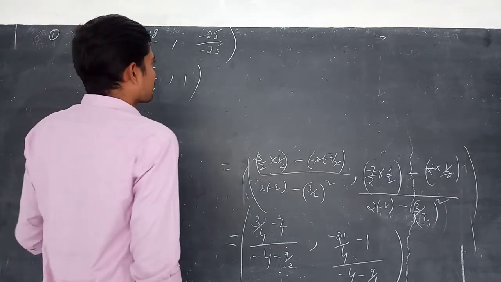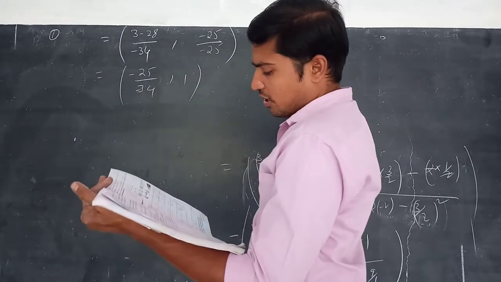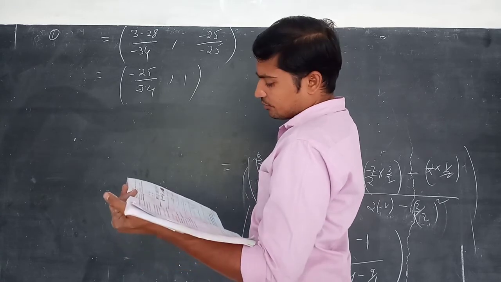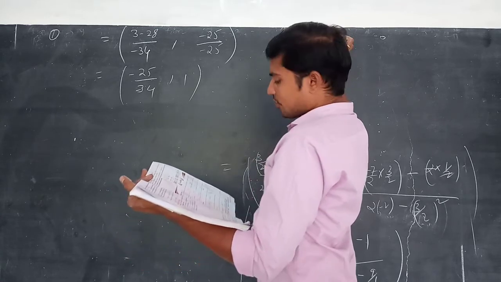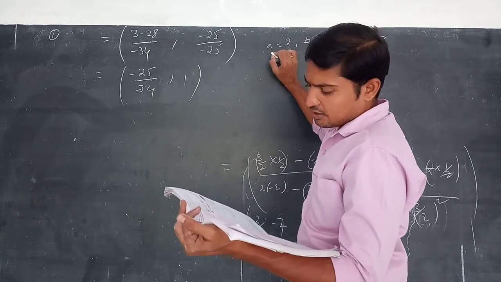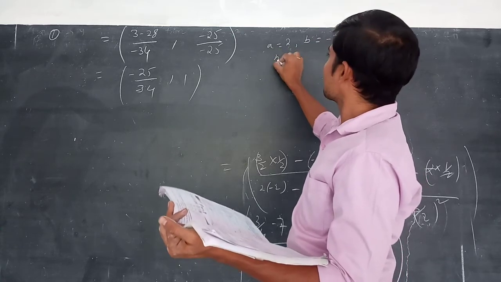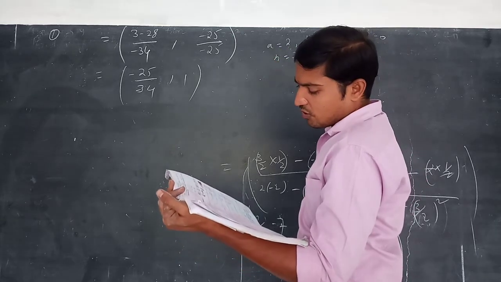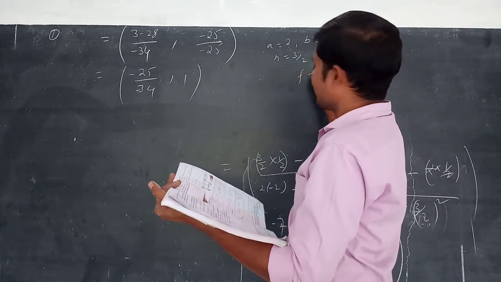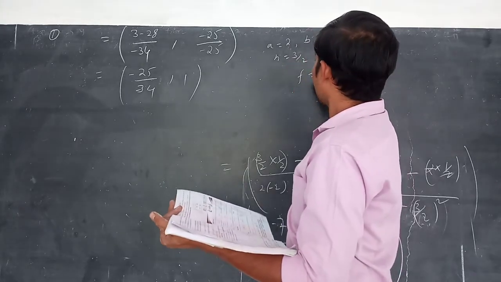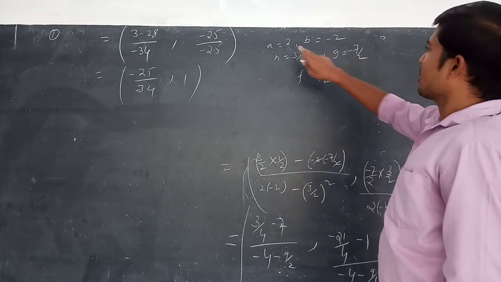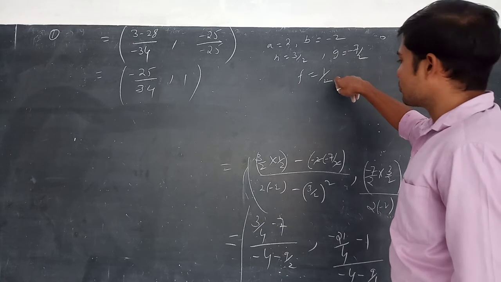See children, again we verify this again. What is a equal to 2, b equal to minus 2, and I will write directly h equal to 3 by 2, g equal to minus 7 by 2, and f equal to 1 by 2, right? h of minus bc, hf 3 by 2 into 1 by 2, correct?